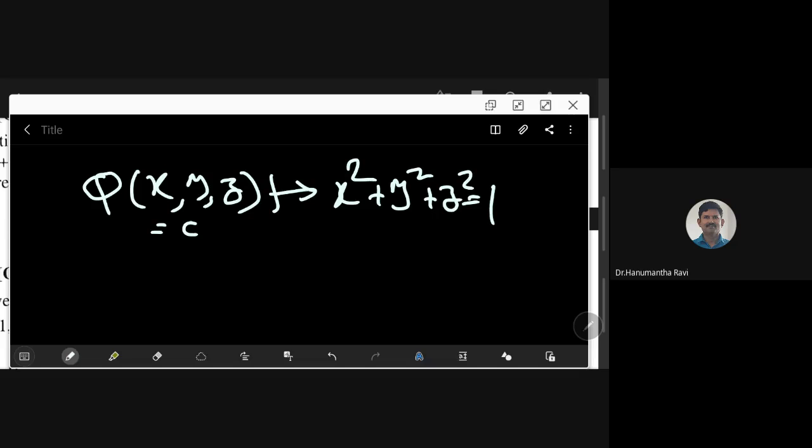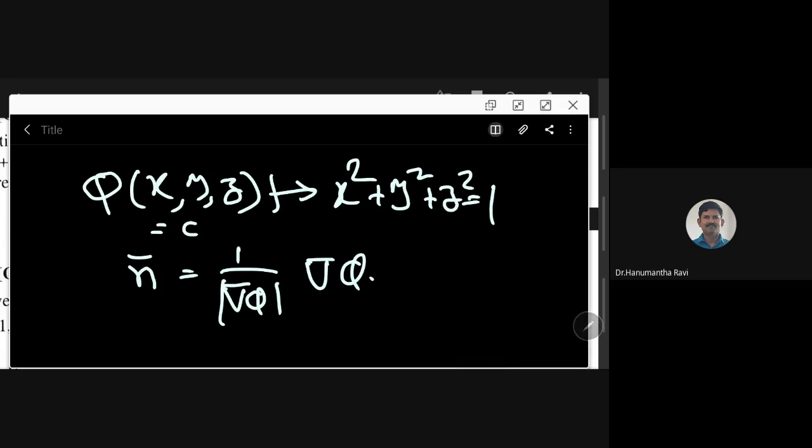So what is the unit normal vector, the outward normal vector? The simple formula is n cap equals 1 by modulus of grad phi, into grad phi. So what is grad phi?